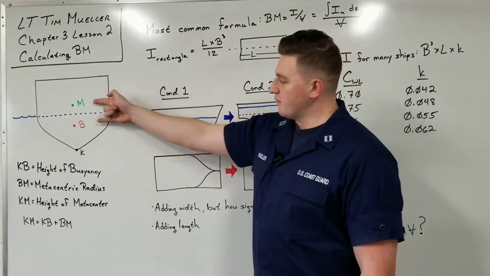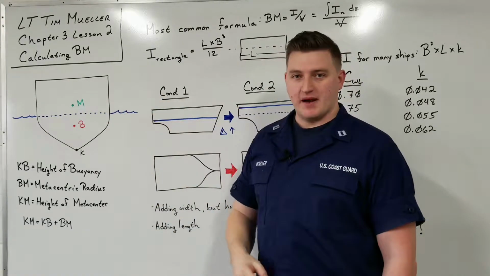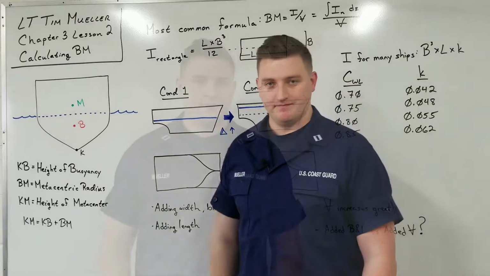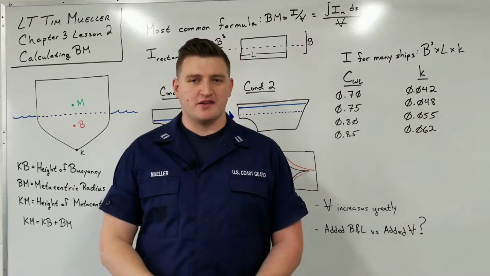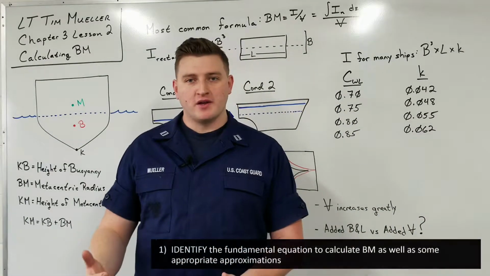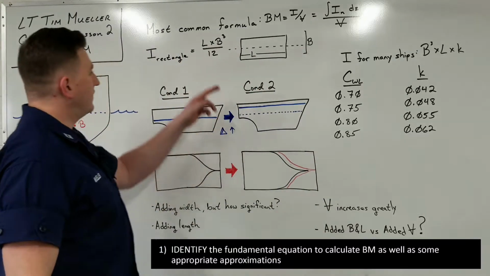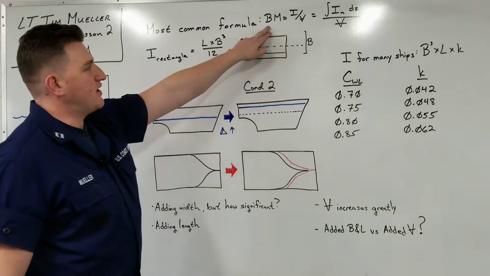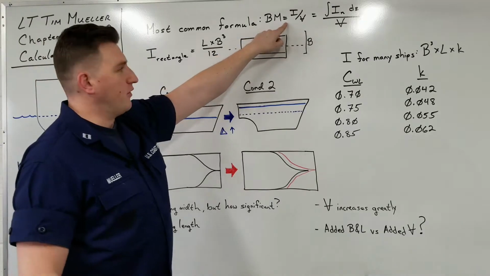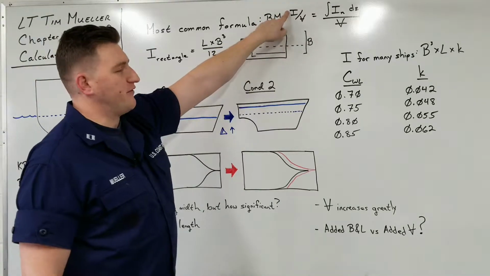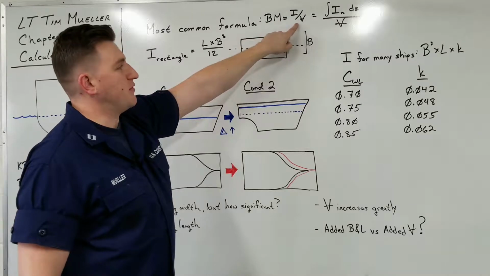So this lesson, we're just going to be talking about the metacentric radius, or the BM. Now in calculating the metacentric radius, really every single formula that does this calculation is derived from this relationship. BM, metacentric radius, equals, in some form, the moment of inertia of the water plane divided by the submerged volume.